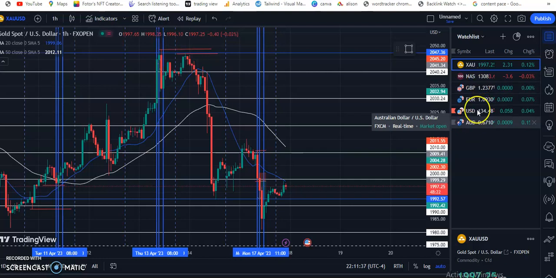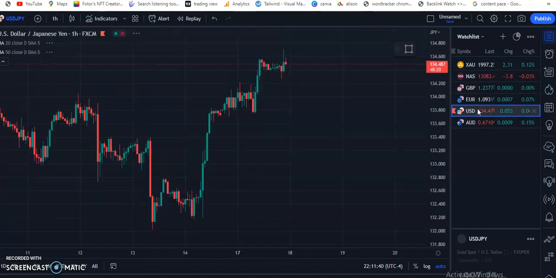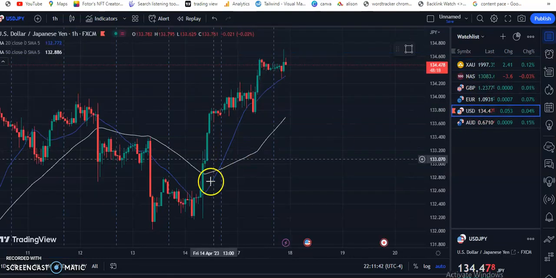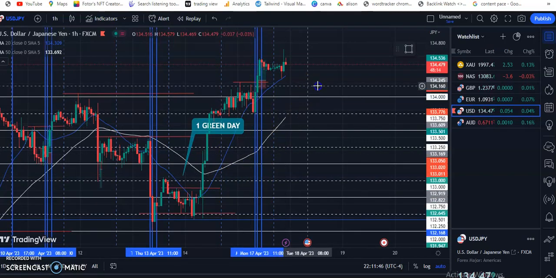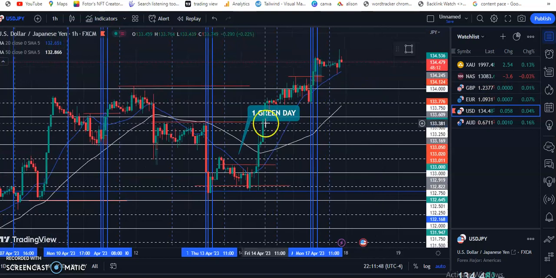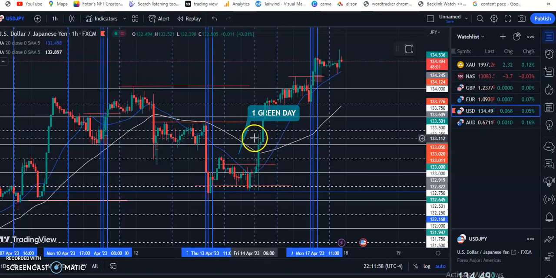For the Japanese yen, I love the Japanese yen because it is stable. Now, as you can see already in my setup, I have my illustrations to guide me. This is our first green day. This is Friday.